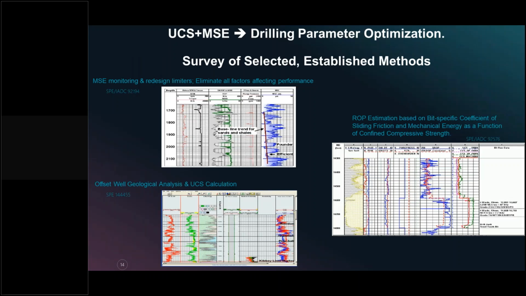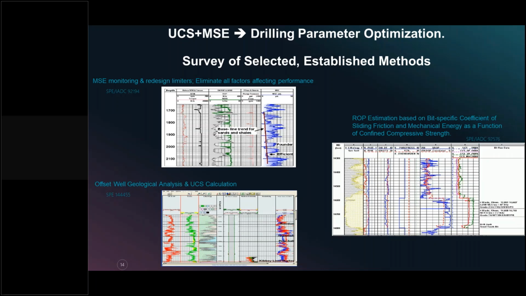Now we're going to transition to maybe a more complex type of drilling optimization. I think there are various people on this call right now that are probably more subject matter experts than Quantico, but it's a fairly standard and well-known state of the industry around using mechanical specific energy for drilling optimization.